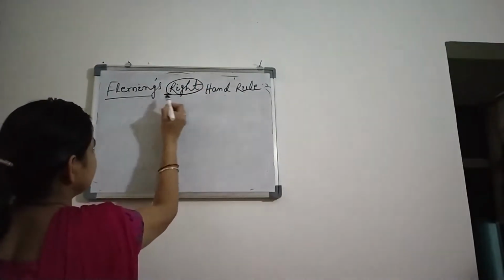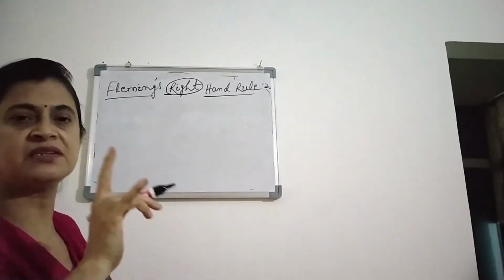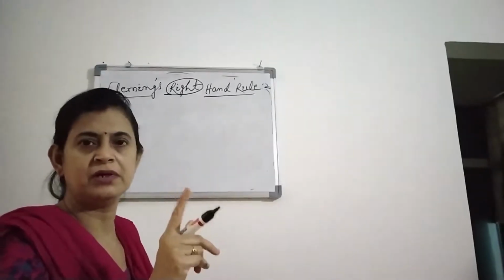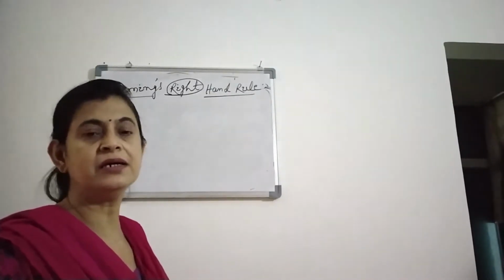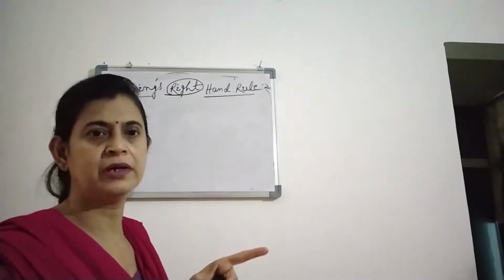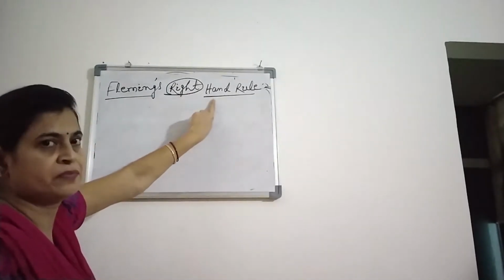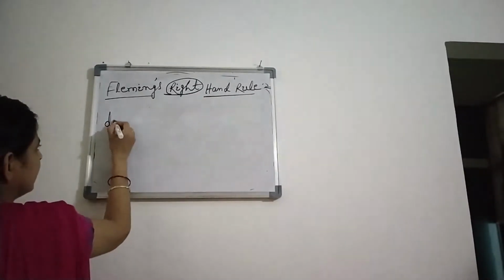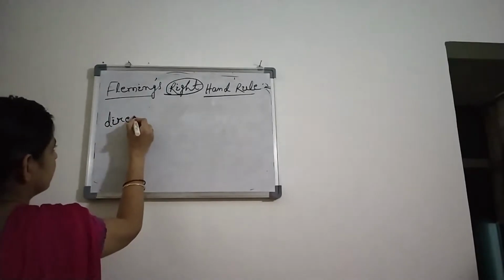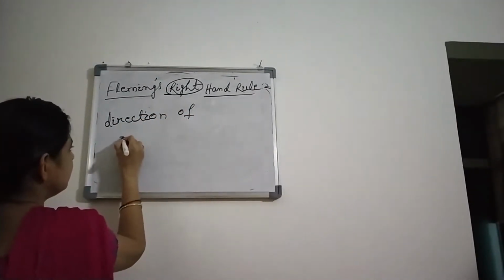This is your Fleming's right hand. Before that, we discussed Fleming's left hand rule. Fleming's left hand rule is used to find the direction of force. And remember, Fleming's right hand rule is used to find the direction of induced current.